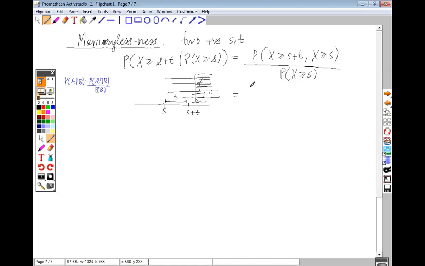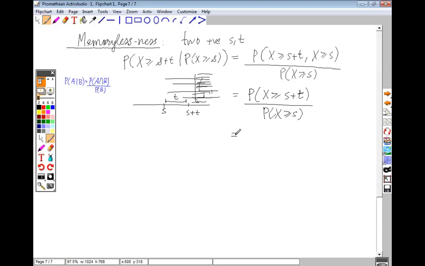So what I will be left with is just the probability that my X takes a value greater than S plus T, upon the probability that my X will be greater than or equal to S, right?